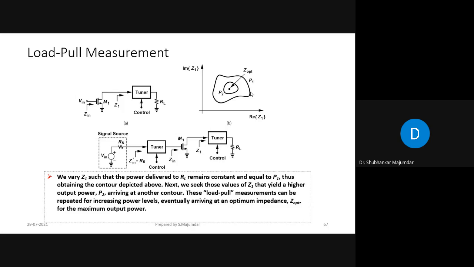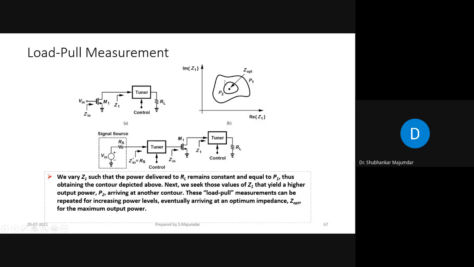So we vary Z1 such that the power delivered to the load impedance remains constant and equal to P1, thus obtaining the contour, and then next we seek those values of Z1 that yield a higher output power.